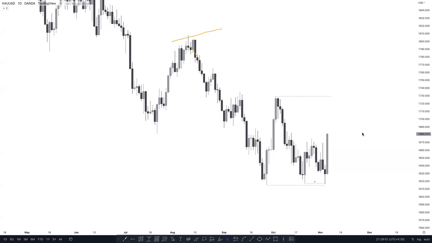What do you clarify inducement? Okay, inducement: the first high or low after break of structure, that's called inducement.